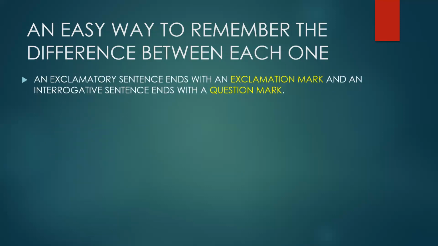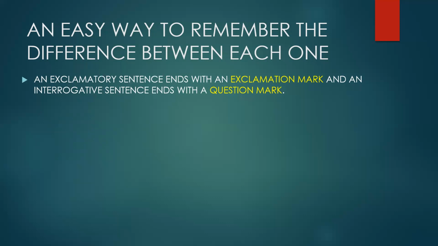Look carefully. If it has an exclamation mark, it is an exclamatory sentence. If it ends with a question mark, it is an interrogative sentence, pronounced as interrogative, exclamatory, interrogative, exclamatory.